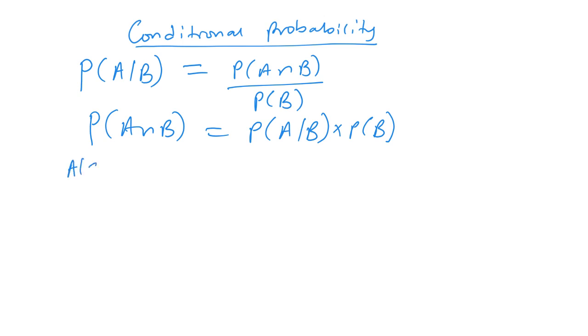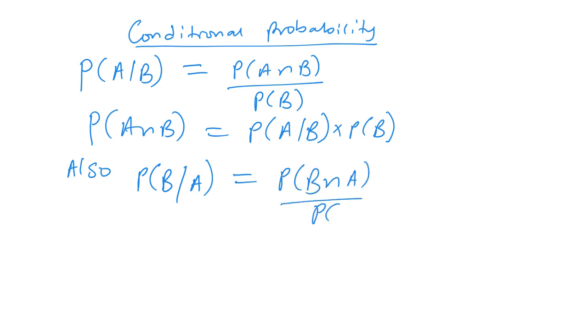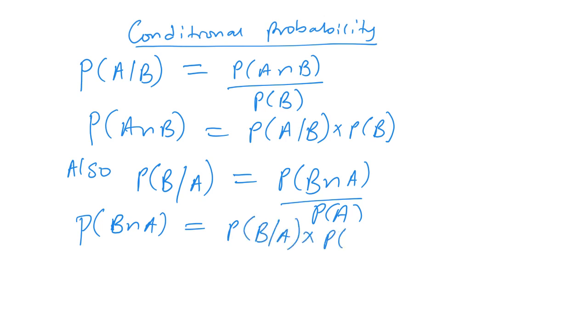Also, one can say that the probability of B given that event A has occurred is the probability of B intersection A over the probability of A. So the probability of B intersection A will be the probability of B given A times the probability of A.